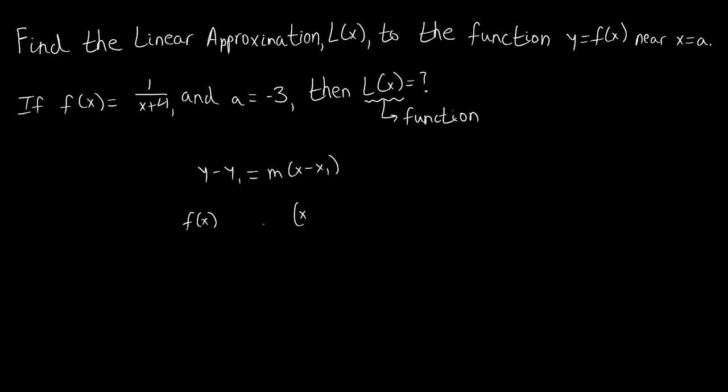And then now what we're going to ask ourselves is, since we're dealing with values near x equals a, this x1 and this y1 are going to reflect that change. So we're letting x1 equal a, and so similarly to how this y equals f of x, y1 is going to represent f of a. So now we have f of x minus f of a equals something times x minus a.